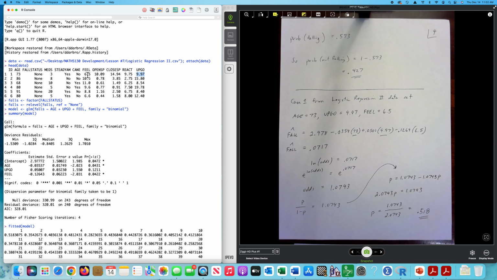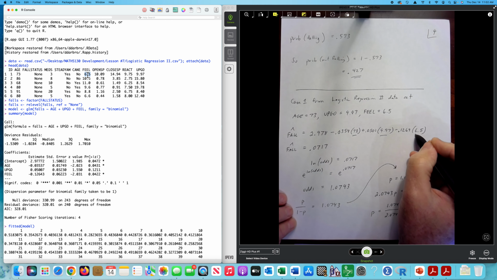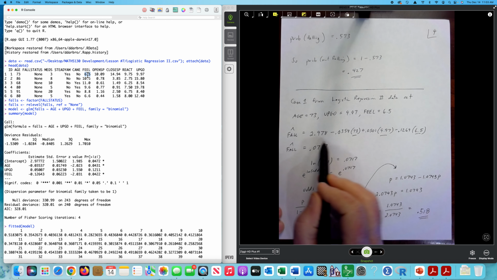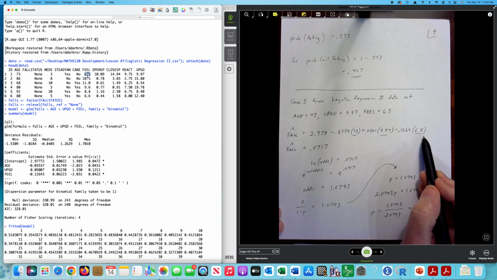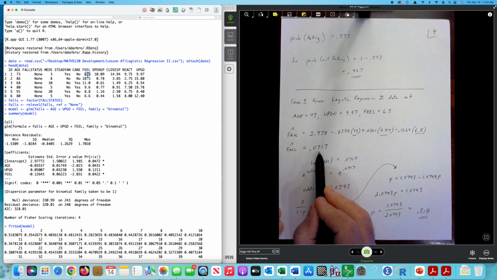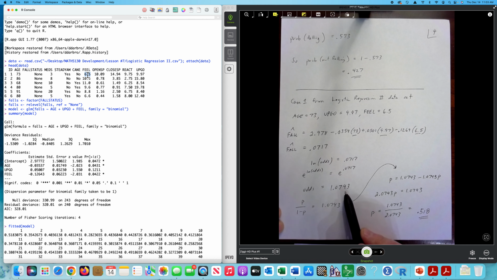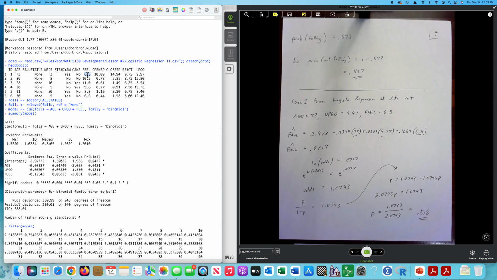And they have a feel score of 6.5, which I put into my model. I calculated the right-hand side as I did previously. I get 0.0717. That's the natural log of the odds. Exponentiate both sides. So I have that the odds are equal to 1.0743. Change it to probability over the not probability. Do the math. Well, it's not even really math, it's arithmetic, and I get 0.518.